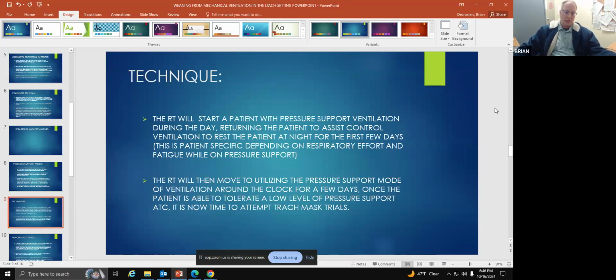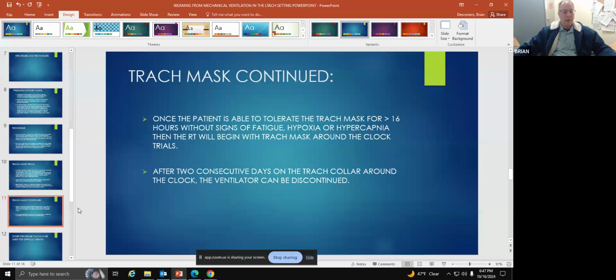And so in those cases, we would go right from being on the full support to a trach collar. And sometimes patients can go on a trach collar all day and need the vent support just at night. So those are a few common scenarios. It just depends how the pulmonologist wants to go about getting this situated with the patient. And everybody has different opinions about pressure support, trach collar, all of that.